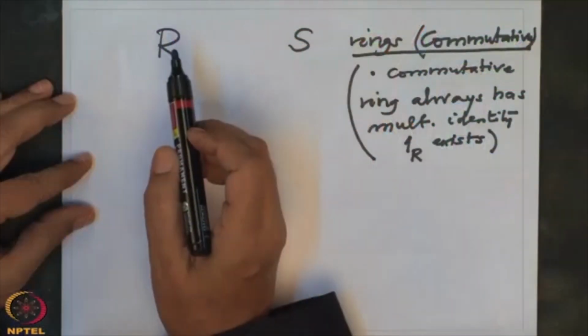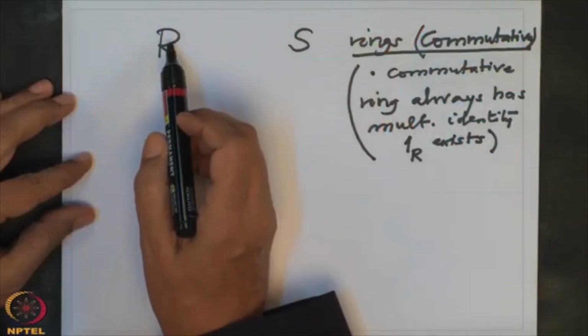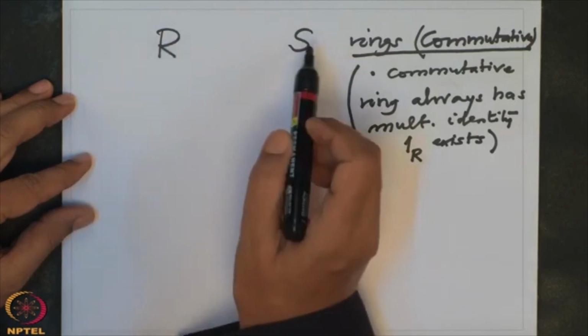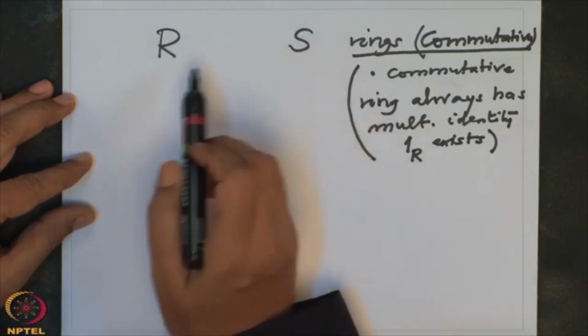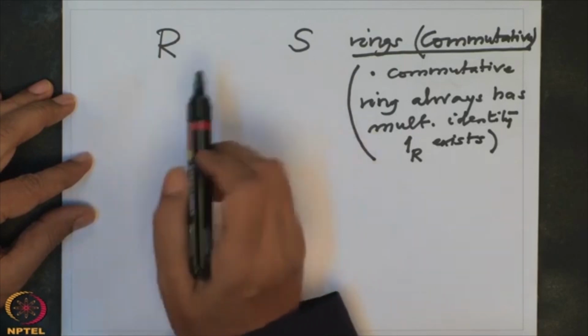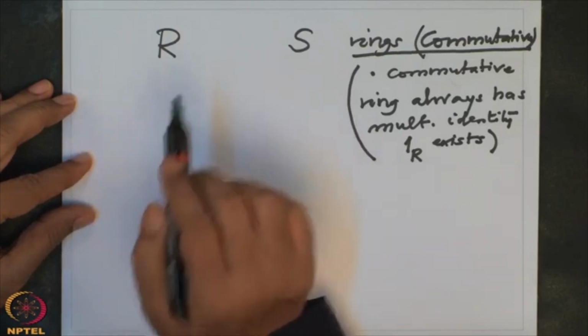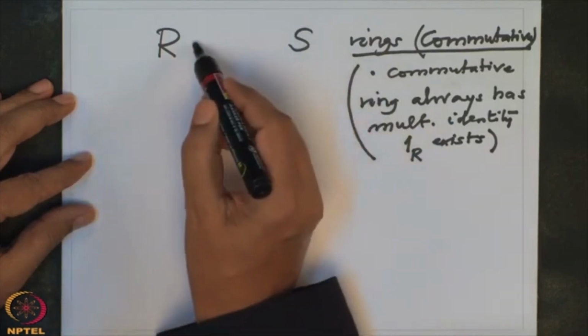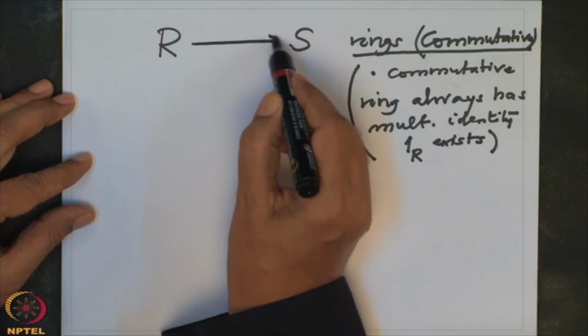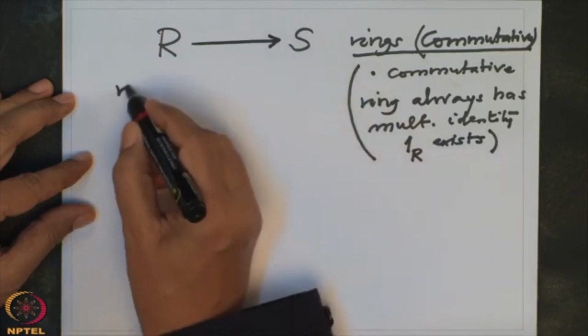So when we have two rings R and S, remember that this has addition and multiplication, and this also has addition and multiplication. But we are not going to make a distinction between the notation because otherwise it might become more and more complicated to write. So a map from the set R to S is called a ring homomorphism.